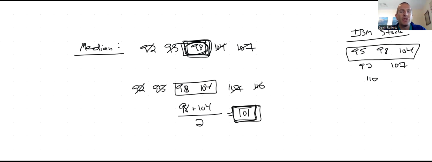Or let's say St. Peter's. Let's say you want to know the average income of a student at St. Peter's, right? So you would add up all of the incomes of every student at St. Peter's and then divide by the number of students at St. Peter's. Okay, I mean, that's fair.